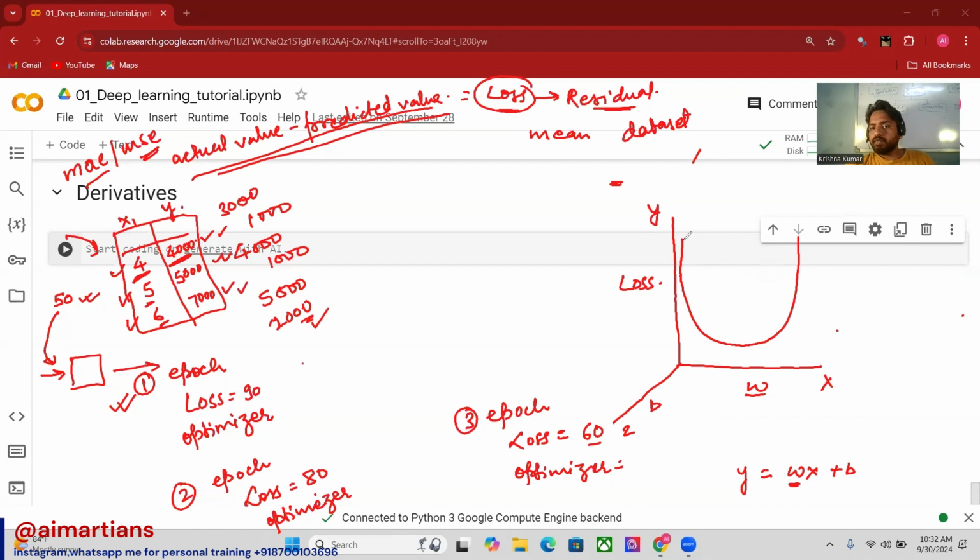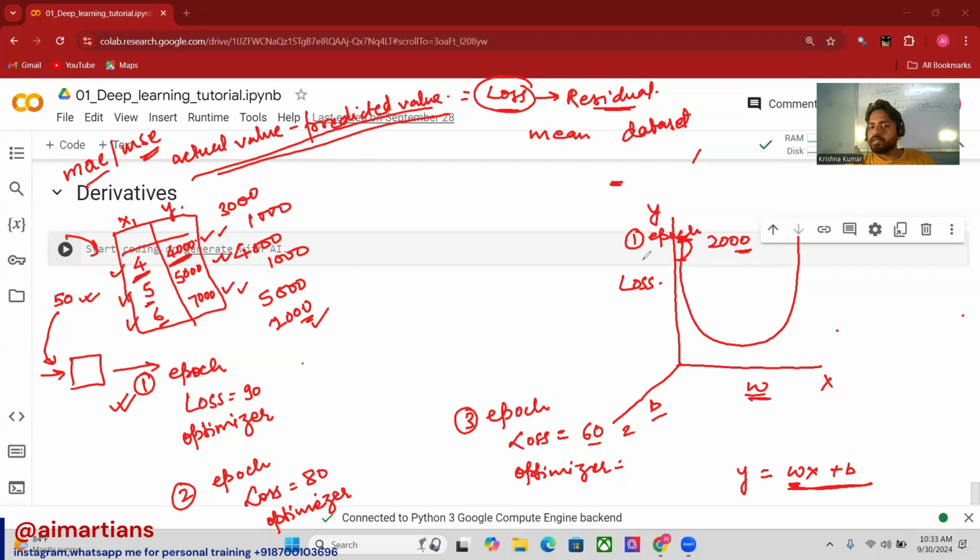So what happened? On the very first epoch, I'm getting a loss of, let's say, 2,000. So what parameters play a role in this? Weight and bias. So we have to calculate the derivative. On the very first epoch, my model is calculating 2,000 as the loss right now. So my model internally uses the optimizer and it reduces the loss.